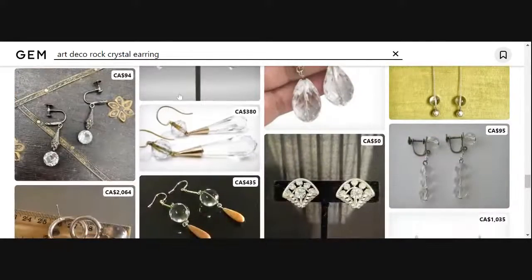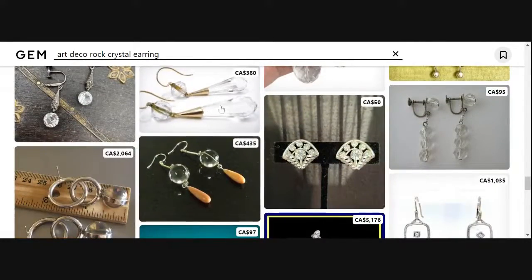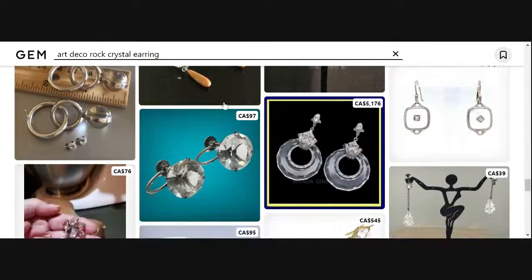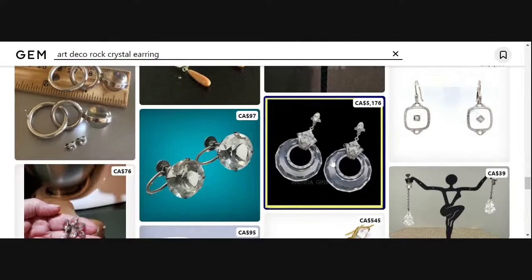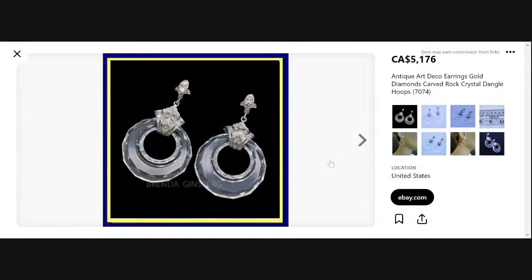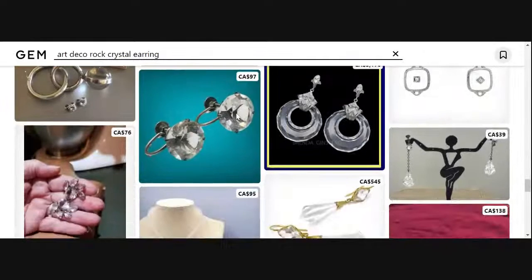And that is why we are now coming up with more and more of these balls rather than just faceted pieces. And some really beautiful, I can't help myself but to click on these antique Art Deco carved diamond and rock crystal earrings. How beautiful are these? Throw that on a wish list for a day far, far away.